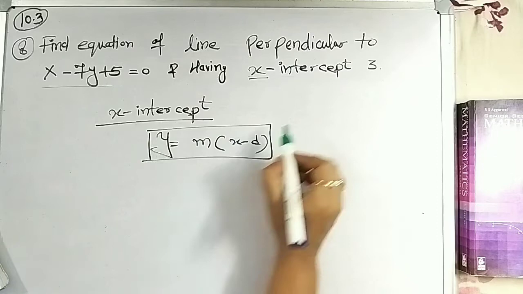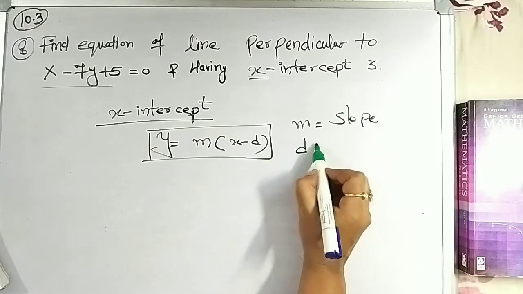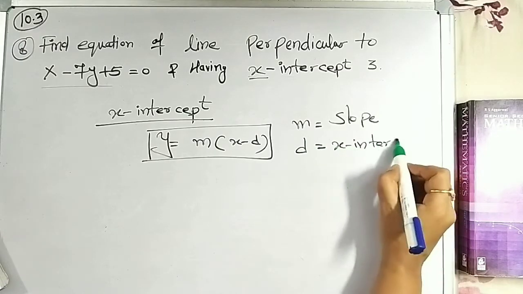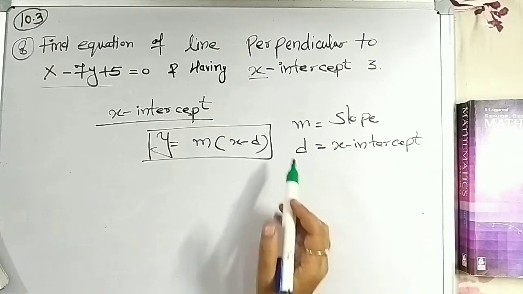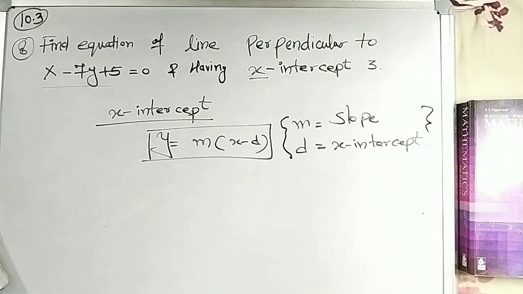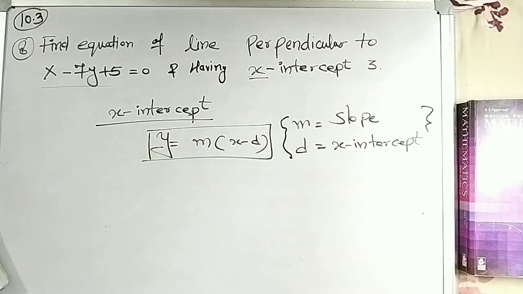Remember this, where m is the slope of the line and what is d, guys? d is the x-intercept. Please write in your formula notebook. At the end of the chapter, I will provide one video which will contain all the formulas. So y is equal to mx minus d.